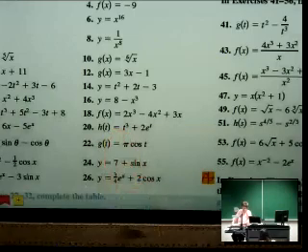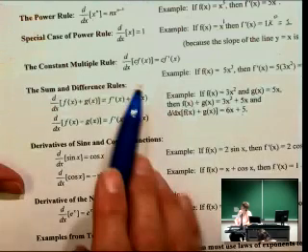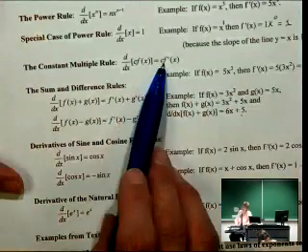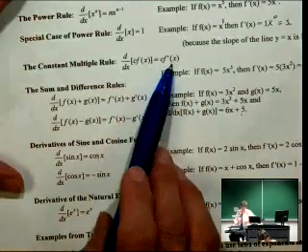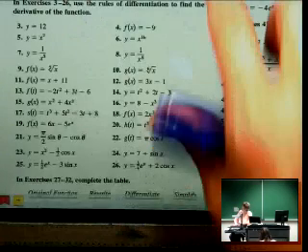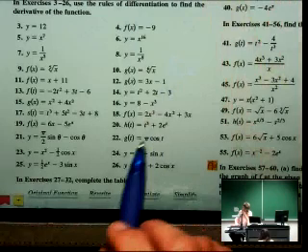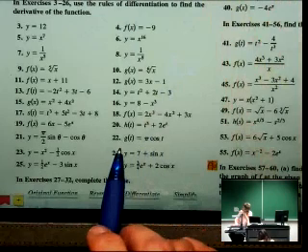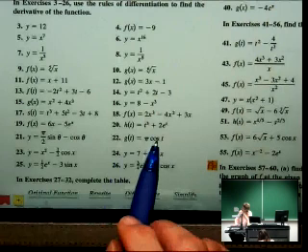The derivative of a constant times a function, just keep up with the constant, take the derivative of the function. So keep up with the 2 and take the derivative of e to the t. What about number 22? Pi cosine t.